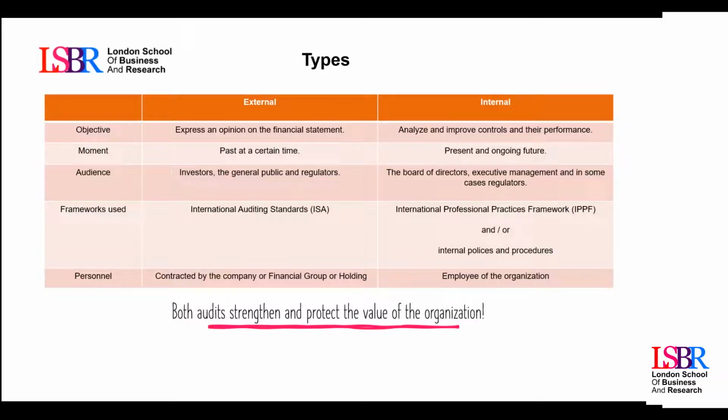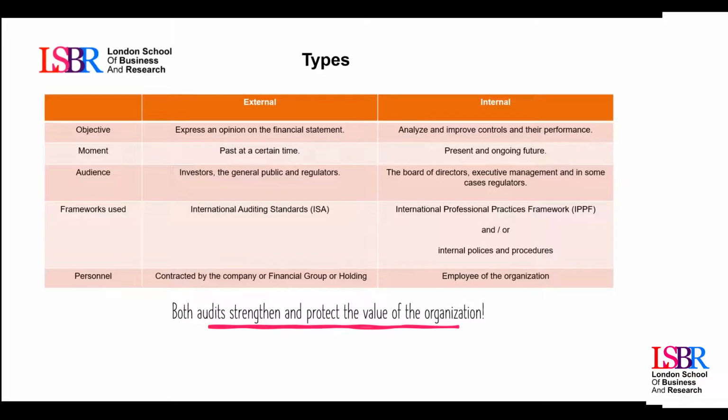Additionally, another difference is the framework that the external auditor and internal auditor use. For example, in the external part, the most important set of standards is the International Audit Standards. And in the case of the internal auditor, it is the International Professional Practice Framework and or internal policies and procedures.